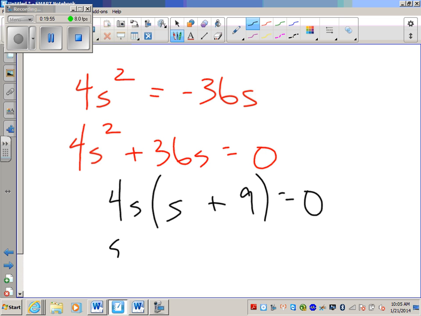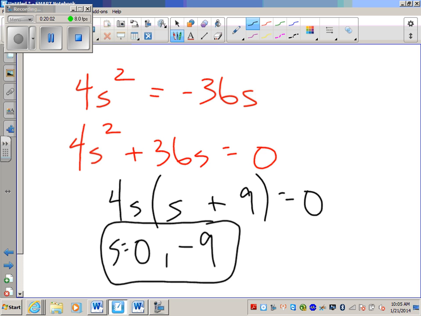This s equals 0. This one equals negative 9. How many of you looked at the 4s squared and the 36s and said, oh, difference of squares? No? Well, good, because it wasn't.